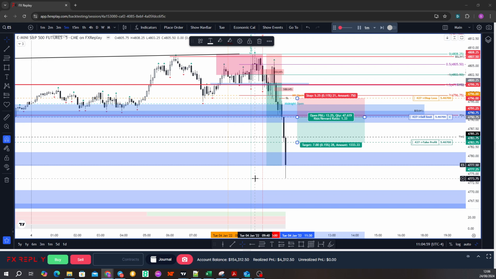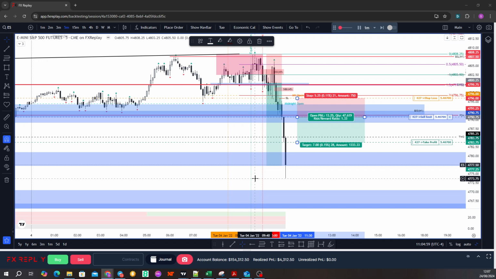I engaged on that candle close. This was an aggressive entry within the 1 to 1.5 STDV, as the M15 FG.